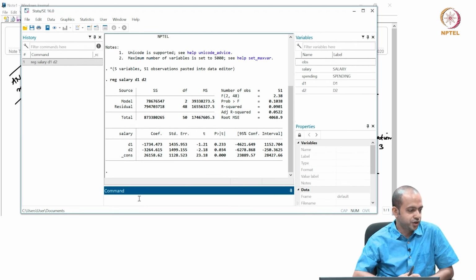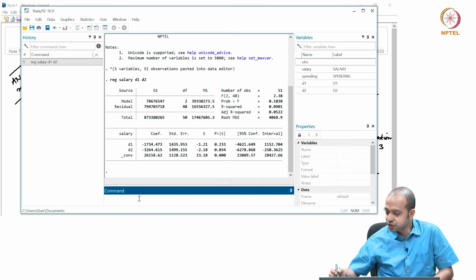So, the constant term shows it is 26,150. That is the yearly salary of the primary school teacher coming from the western region. Because the intercept indicates the salary of the base category, which is the western region.